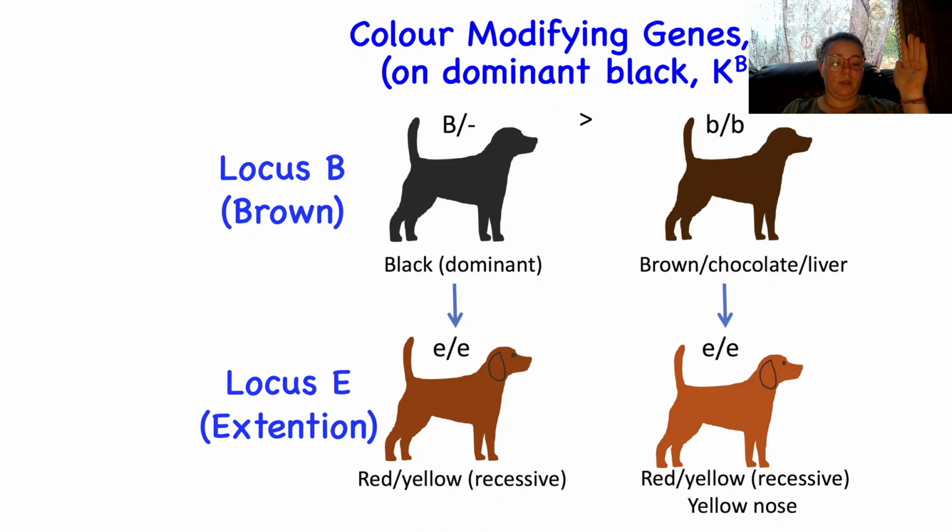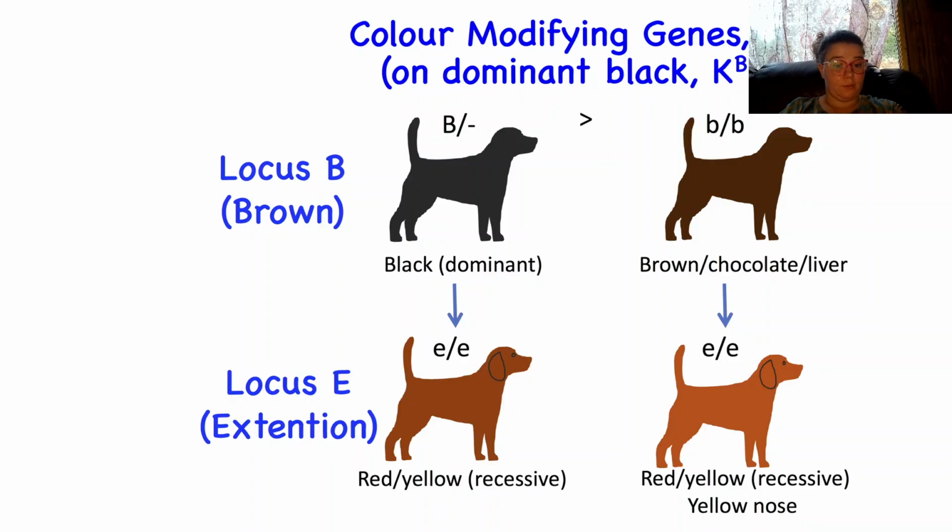Now, if the locus is the extension, and so if you do not have that E in your gene code, as an organism, you will not be red or yellow.